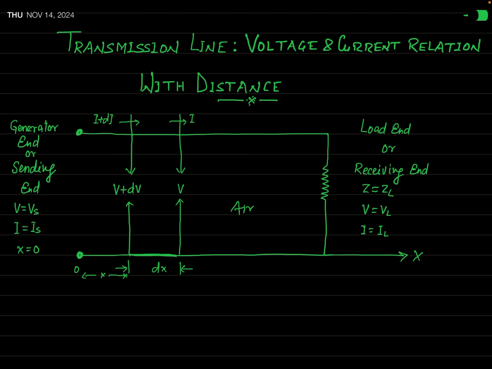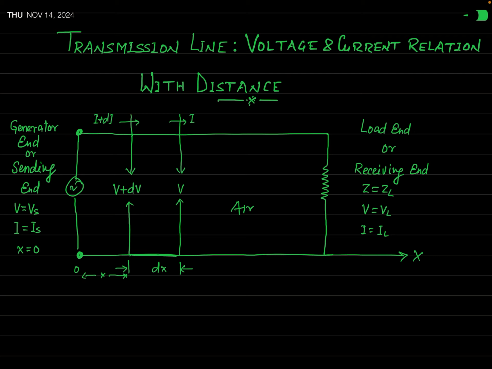We have seen that the left side of this circuit is the generator end, also called the sending end, because we connect a source, an alternating source or a source of electromagnetic wave, between these two terminals.